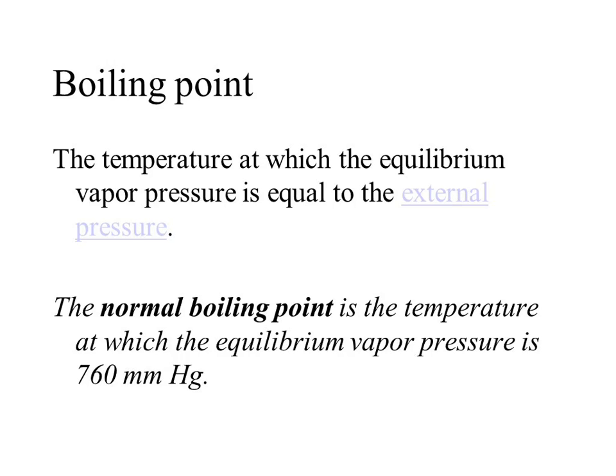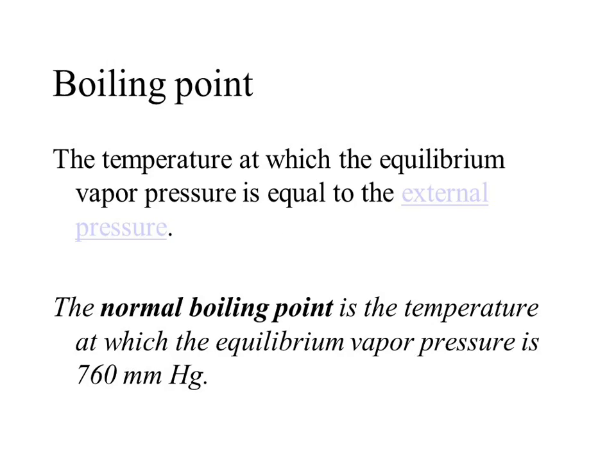Under normal conditions, our atmosphere runs 760. So basically, the normal boiling point temperature is the temperature at which the equilibrium vapor pressure is 760 millimeters mercury.